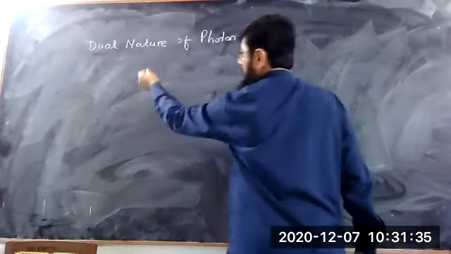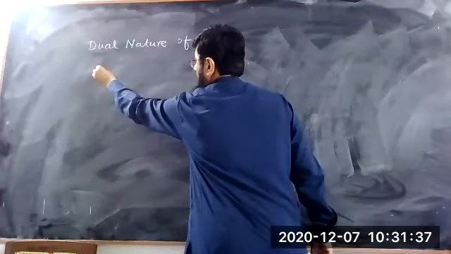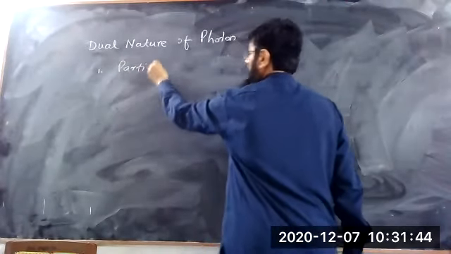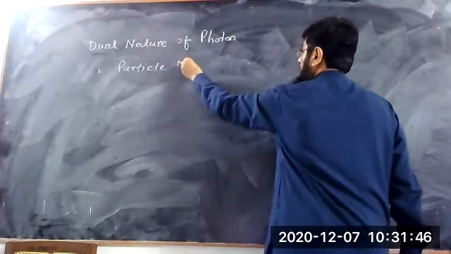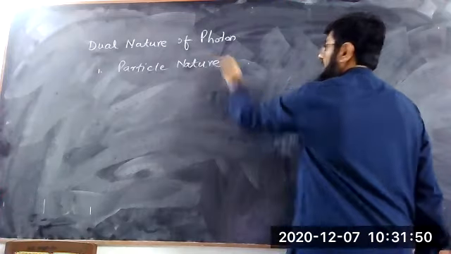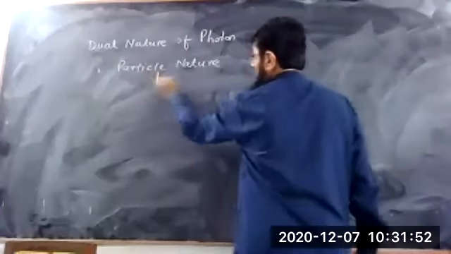In this dual nature, we have discussed that one nature of the photon is the particle nature. In the particle nature, we have seen that two main experiments were performed.